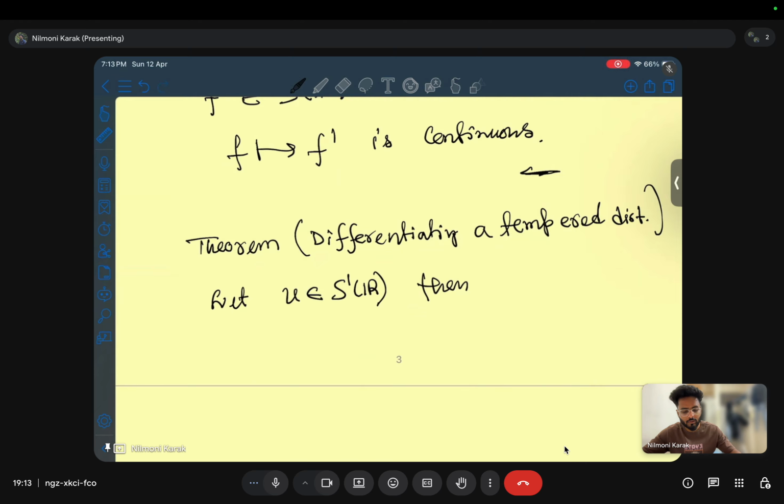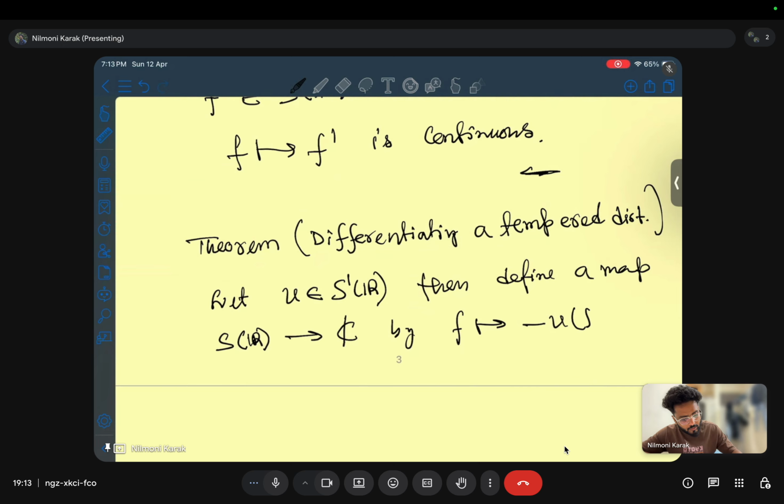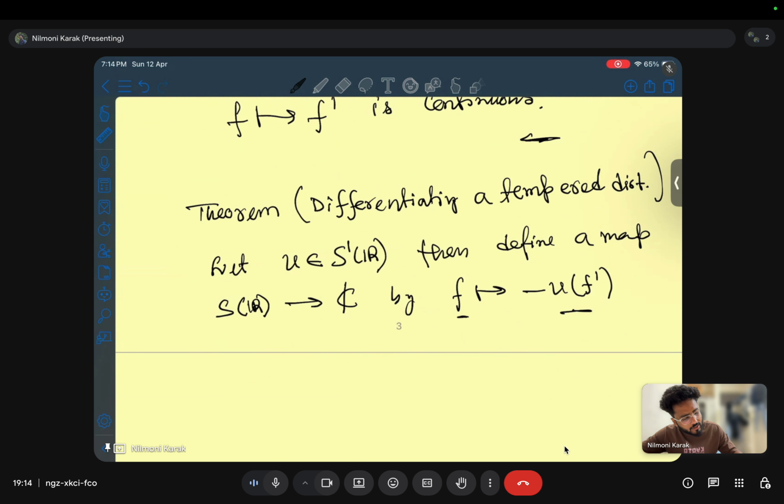Then define a map from S(R) to C by f goes to minus u applied to f'.